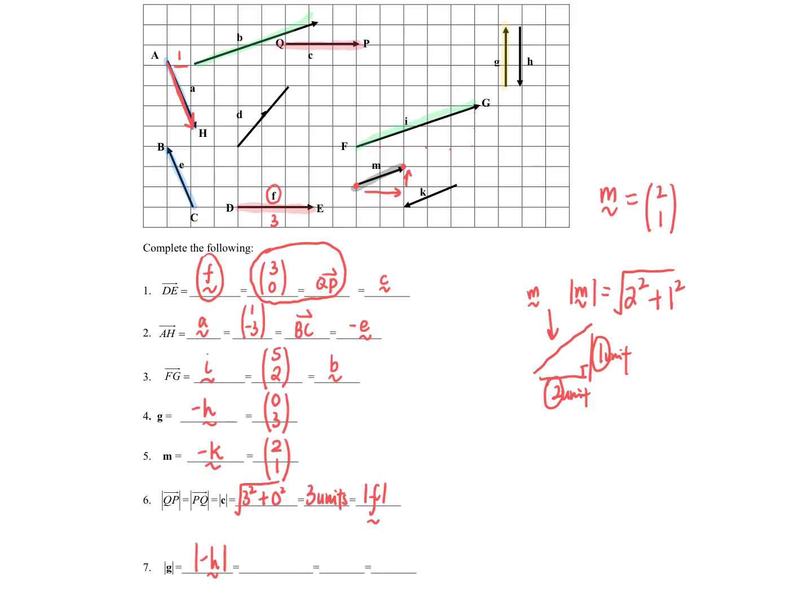Krishvan, how do I find the magnitude of G? This one. Yes, (0, 3). But how to find magnitude? 0 squared plus 3 squared, correct?